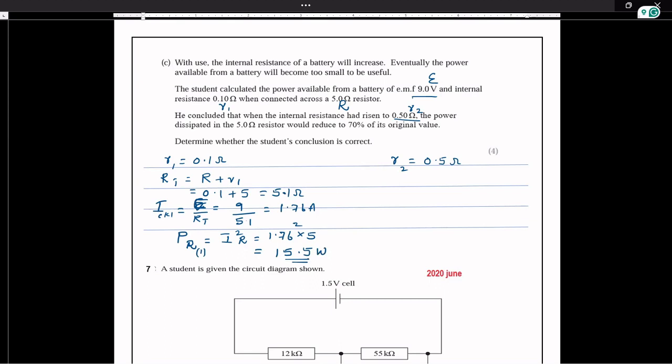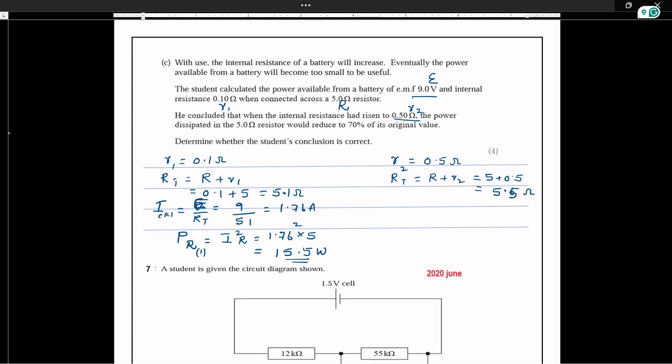Let's see the R total. The same steps we are doing again: R plus R2, which is 5 plus the second resistance, 0.5, giving 5.5 ohms.